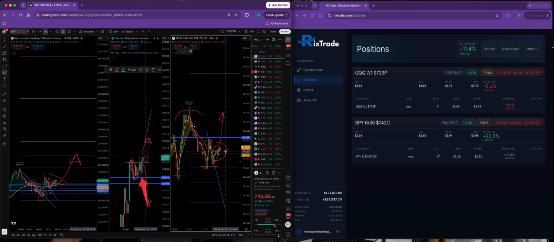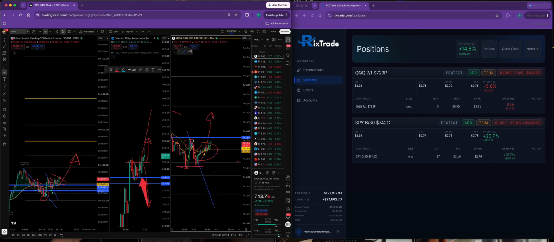Getting some rejection here on the NASDAQ. Don't like that. Don't want to really add to my puts here yet. Want to let them do their thing here. So we got a rejection here on SPY, not great. Again, don't want to add just yet.